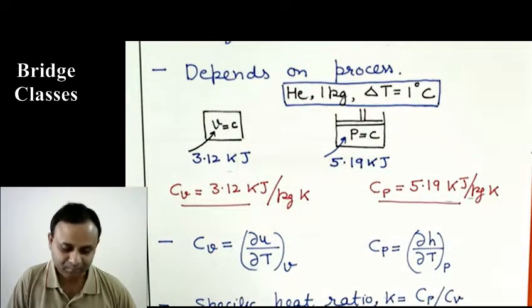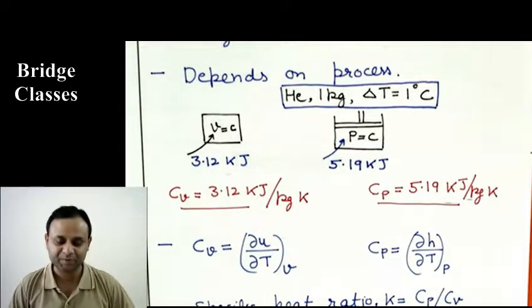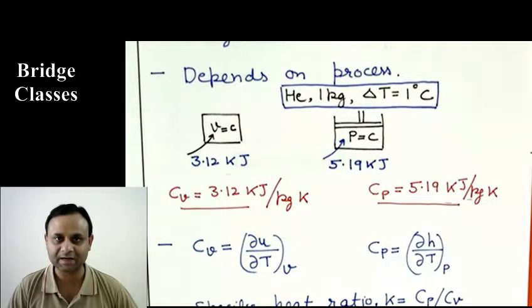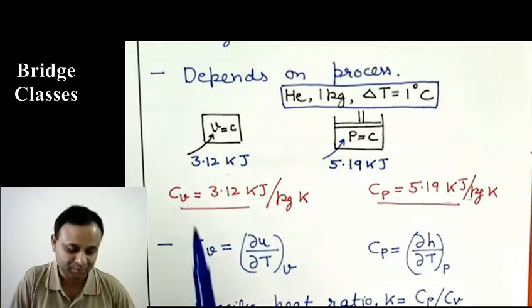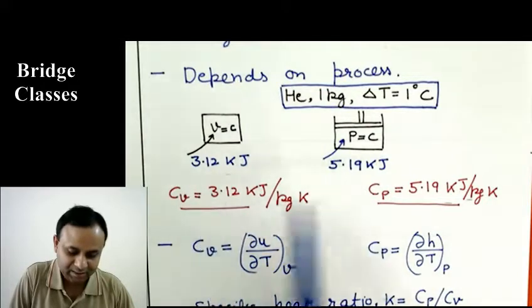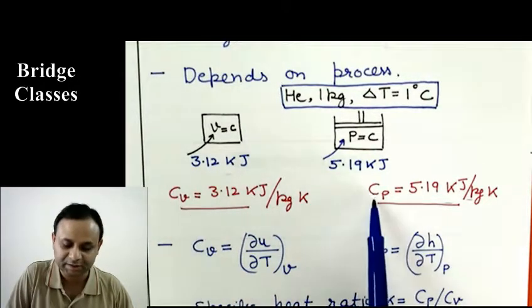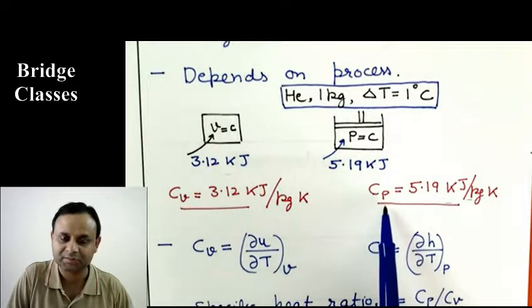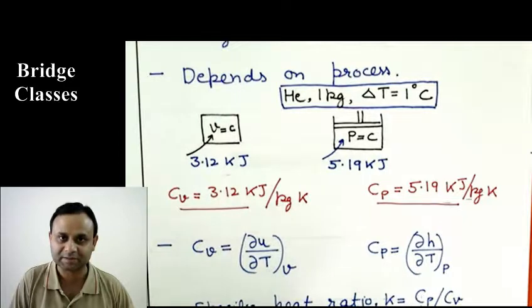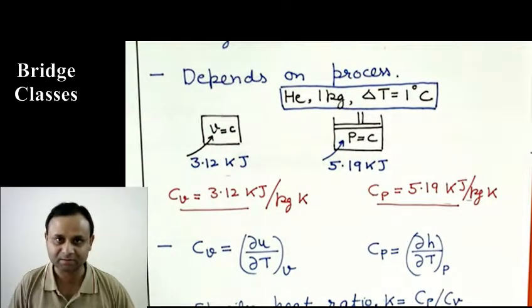Okay. So at this point, it may appear that Cp and Cv are not properties, because properties are associated with the system, but it looks like these are the amount of heat transfer for a constant volume process and the amount of heat transfer for a constant pressure process. So it may appear that these are not properties, they are associated with the process.